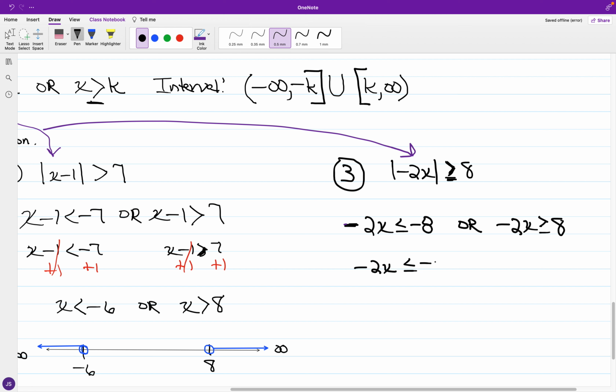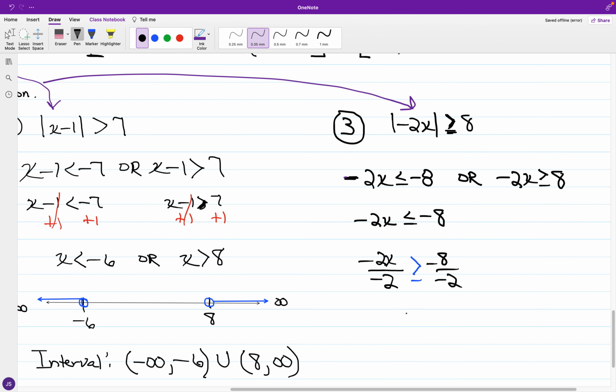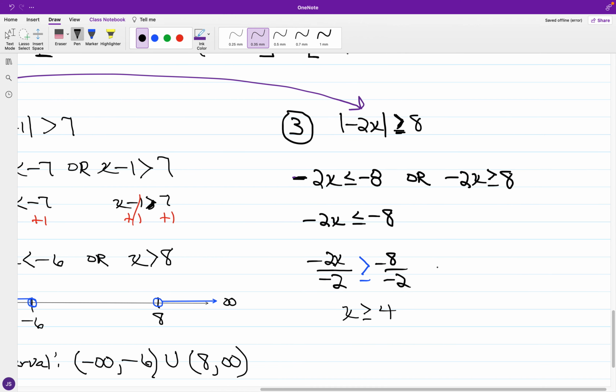I'm going to rewrite these. So you've got negative 2x is less than or equal to negative 8, and I'm looking at solving for x. I'm back in the terrain of dividing by a negative, so the inequality will change direction. For negative 2x over negative 2, this will be x. So you have x is greater than or equal to positive 4.